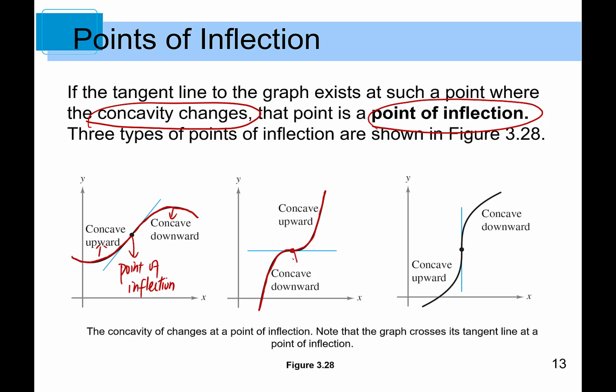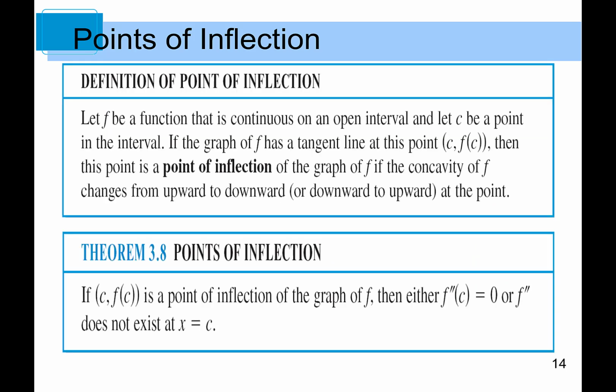That's a point of inflection here. Third case, concaving upward, concaving downward, point of inflection in the middle. So three different cases where the concavity changes, and at that point, that's a point of inflection.